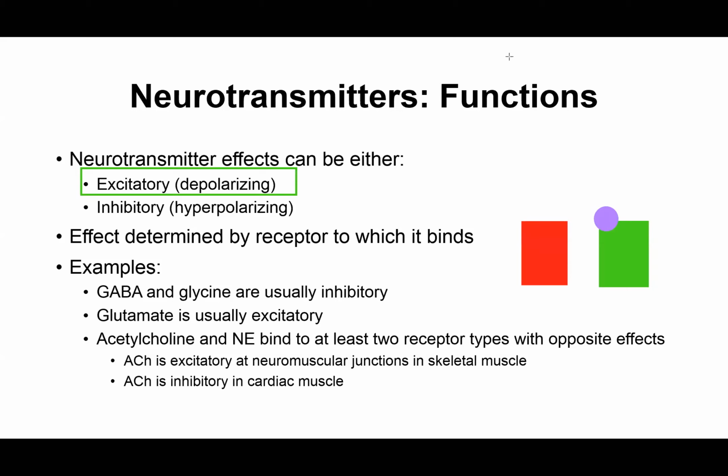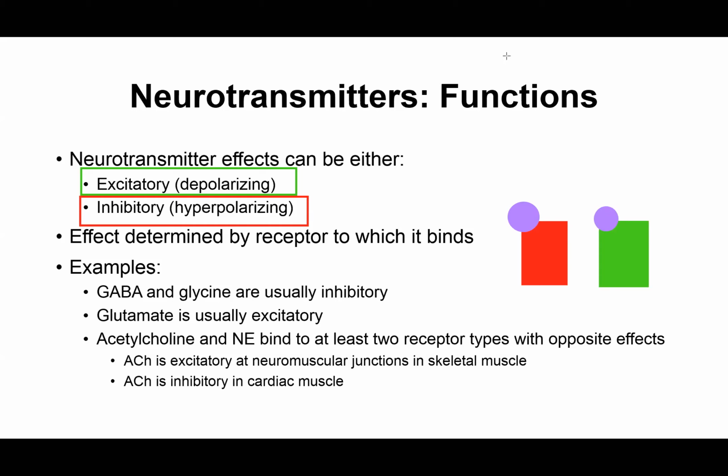Okay, so if the neurotransmitter binds to this one, then it causes excitation. However, if that same neurotransmitter instead binds to this receptor, then it can have an inhibitory effect or a hyperpolarizing effect. So it really just depends on which receptor the neurotransmitter binds to, because it might have multiple receptors.